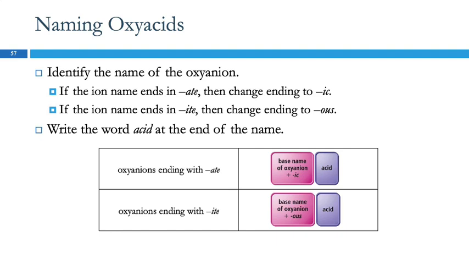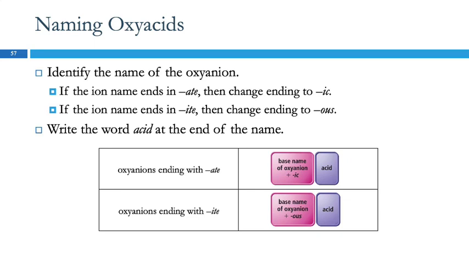So the oxyacids. The oxyacids have an oxyanion in them. Those are the things we just learned about, like chlorate and sulfite, hydrogen phosphate, all of those guys. So for the name of the oxyacid, we're going to use the name of the oxyanion, change the ending and throw the word acid on it.